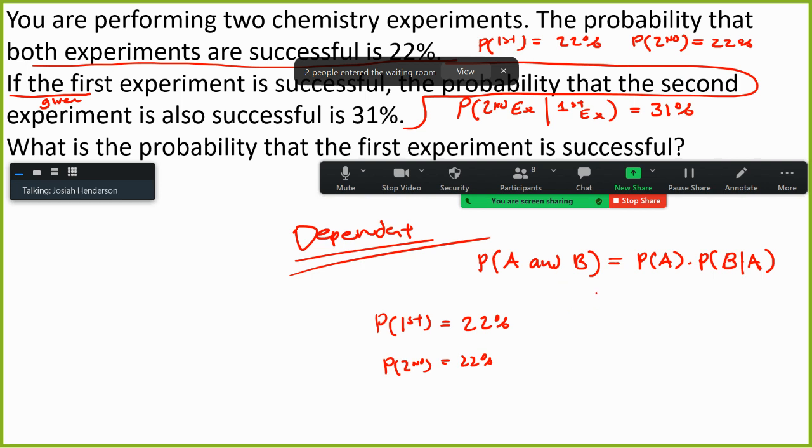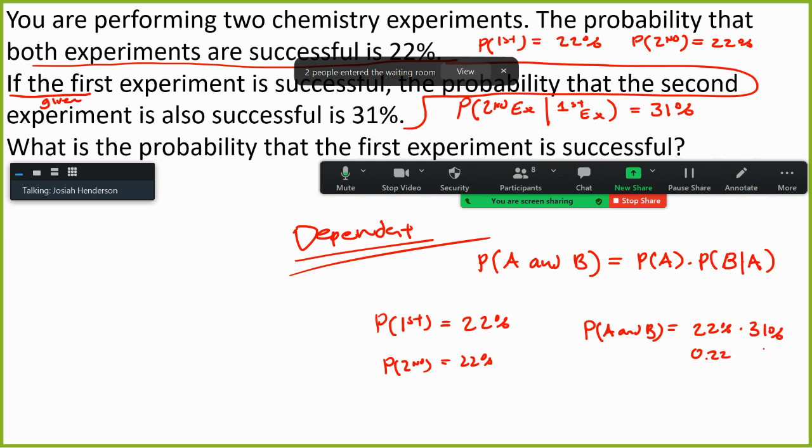But to find both of them successful, we're going to use that second one they give us, 22% times 31. And we have to multiply these as decimals.